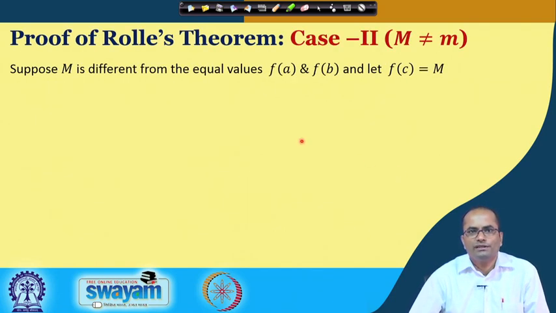In either situation, let us consider the case where we suppose that the maximum value of the function is different from the equal values of f at a and b. So, big M, the maximum, is different. Similarly, we will consider later that if M is not different, then small m should be different, because at least one of them will be different since M is not equal to small m.